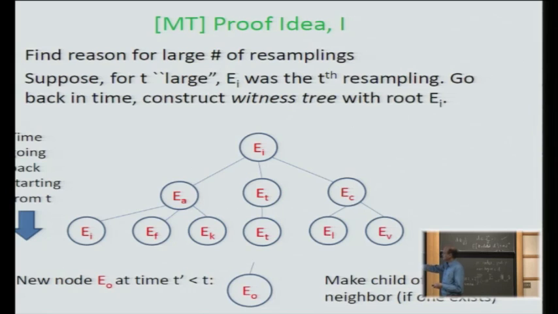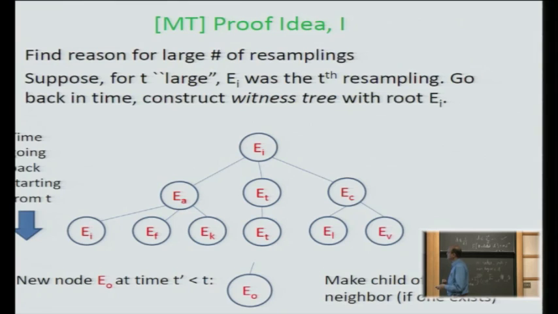At every time actually you will construct a witness tree. So at time t, suppose the t-th resampling was for event EI. We are going to construct a tree rooted at EI that gives some partial explanation for why you had to go all this way, and in particular you had to resample EI as your t-th resampling.